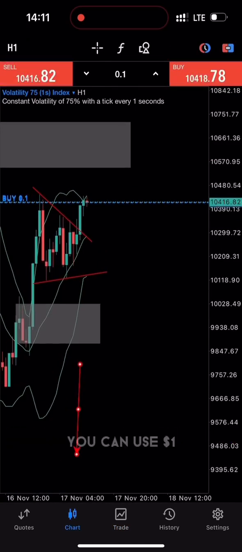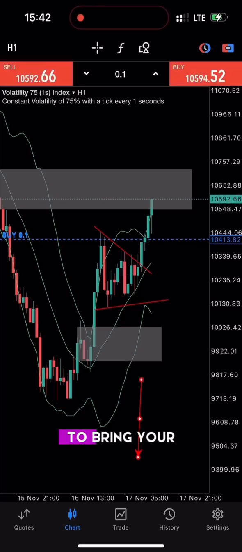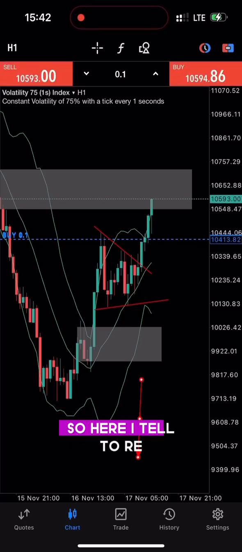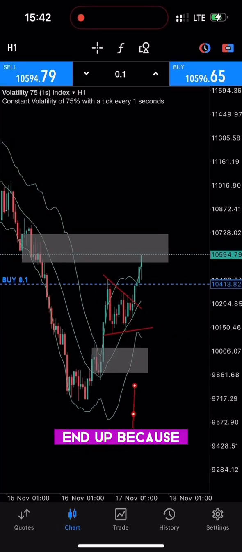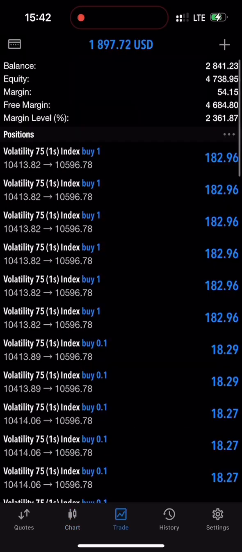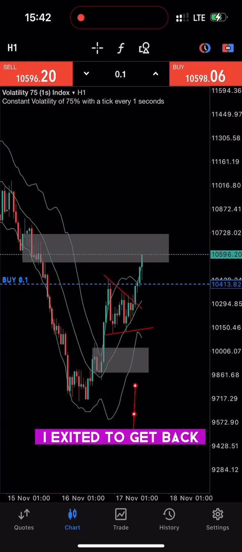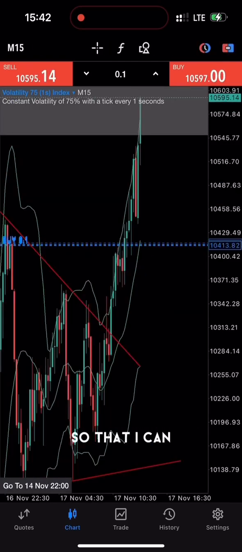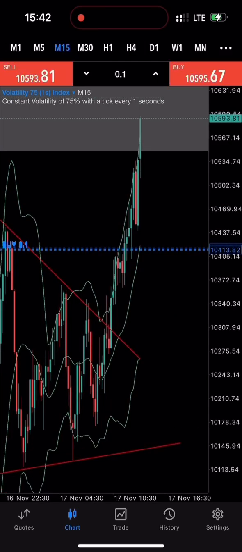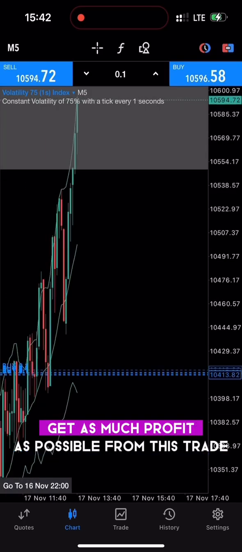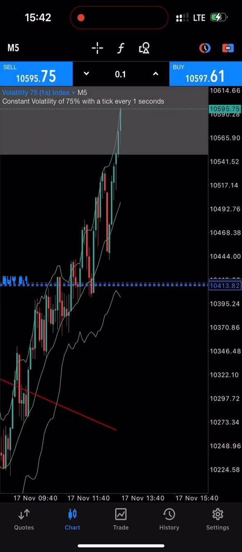If you blow your account, you can use $1 to bring your account back. So here I decided to re-enter because the profit level wasn't reached, so I exited to get back in with a bigger lot so that I can get as much profit as possible from this trade.